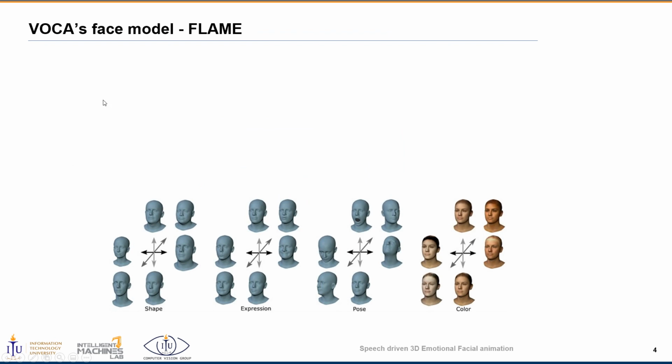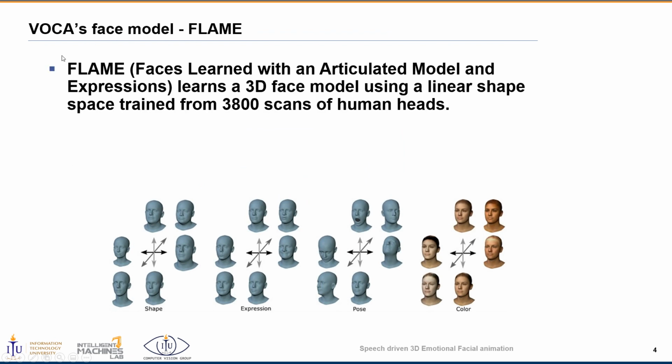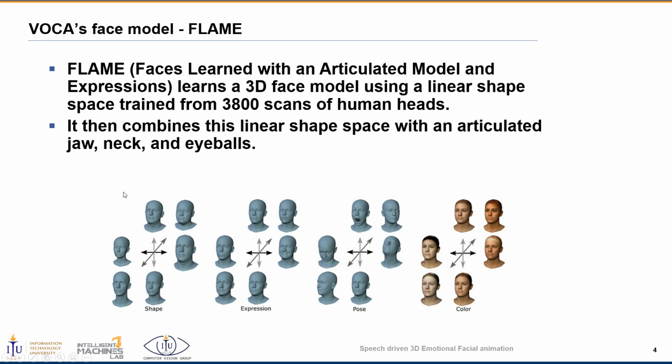Before that, we'll first go through the face model that VOCA is using, which is FLAME. It uses scans of human heads, which are expressionless and in the same pose, to learn the shape space by applying PCA on them, and then it combines the shape space with the jaw, neck, and eyeball motions by adding joints: one for each of the eyes, one for the jaw, and one for the neck.